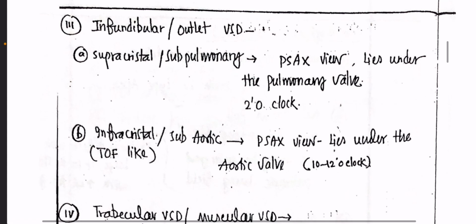Infundibular or outlet VSD, that is supracrystal or subpulmonary: parasternal short axis view, lies under the pulmonary valve in 2 o'clock position. In case of infracrystal or subaortic VSD, that is perimembranous-type VSD, parasternal short axis view shows the VSD lies under the aortic valve in 10 to 12 o'clock position.